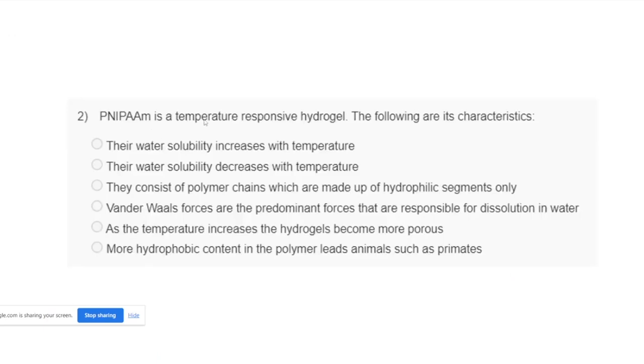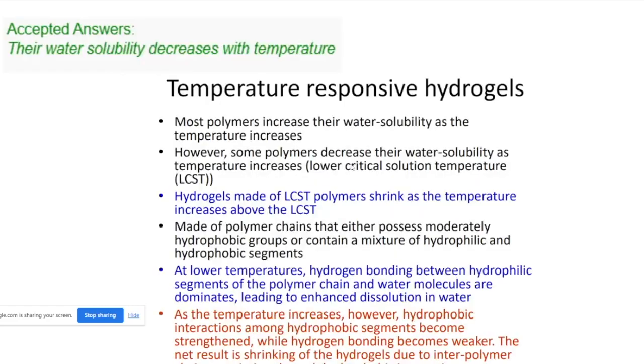Second question was: NIPAM is a temperature responsive hydrogel. The following are its characteristics. So the correct option here is their water solubility decreases with temperature. These polymers have a lower critical solution temperature. Below this temperature, hydrogen bonding is more prevalent, and that's why they are more dissolved in water.